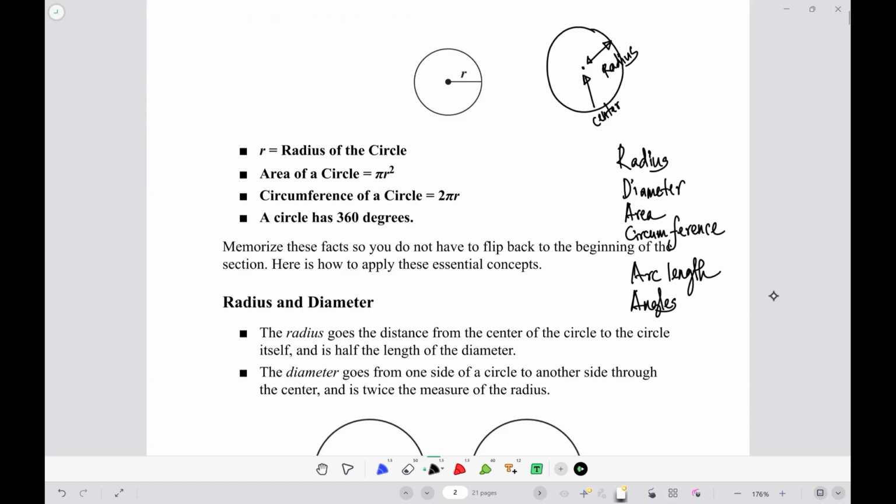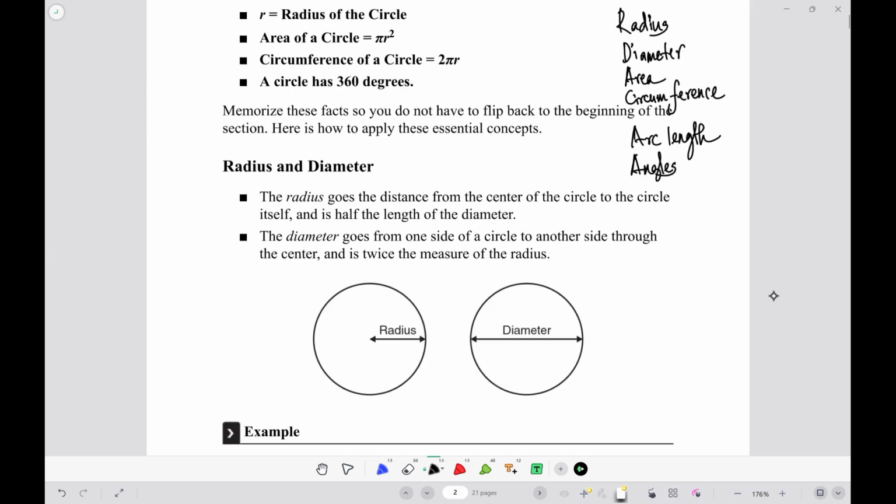Radius and diameter are related. This is the radius, and the diameter is nothing but twice the radius of a circle. The radius is what we measure from the center to the circumference.